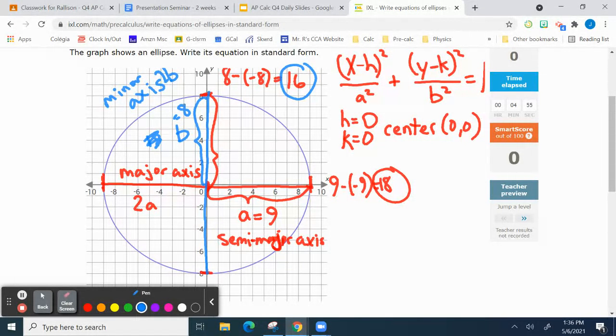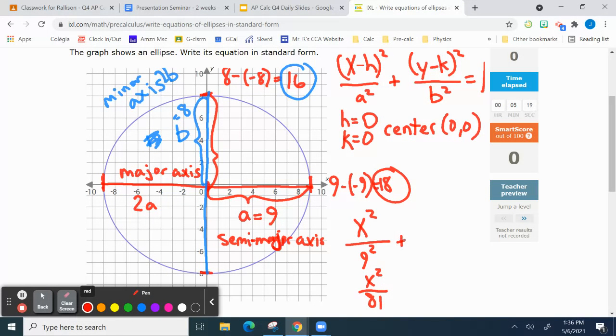So let's write it out. So h is 0, so we don't have to put that there. And x is the longer one, which is 18. Half of 18 is 9, so a squared, 9. So that's going to be x squared over 9 squared, which we're going to make into an 81 for our equation.